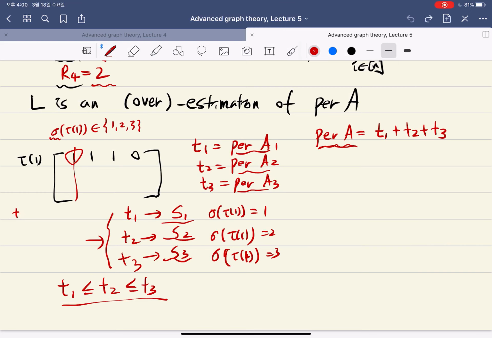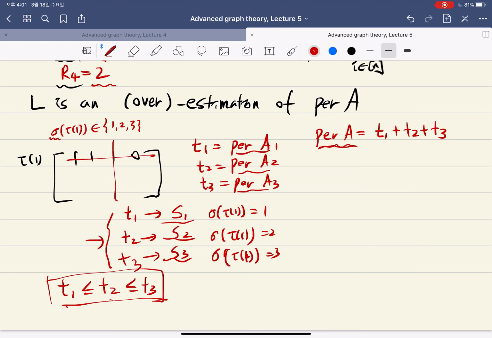So if we assume T3 is at least as big as T2 and T2 is at least as big as T1, then it's more likely to delete the third one in this process. And it's more likely to delete the second one than the first one, and it's very unlikely to delete the first one.